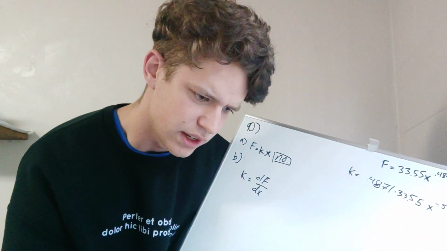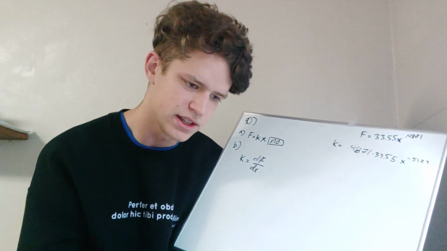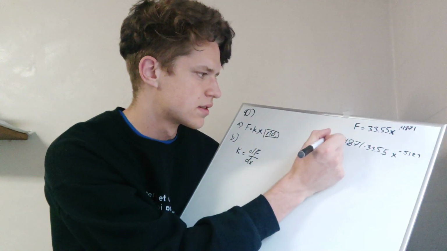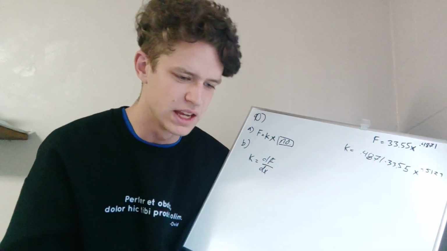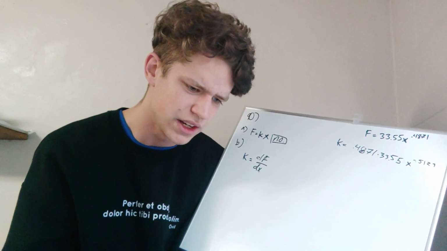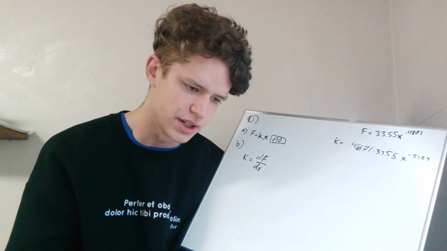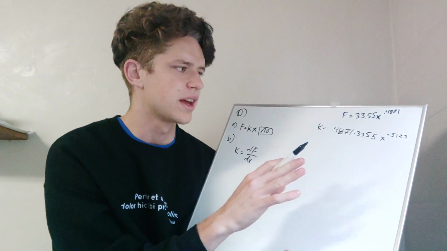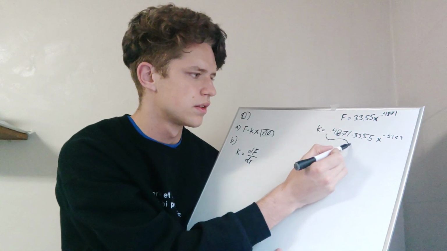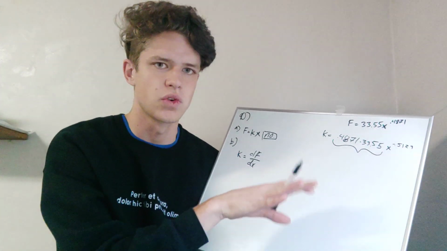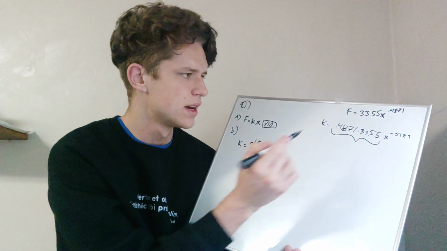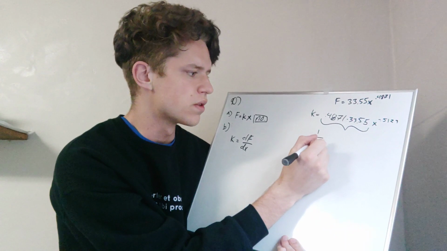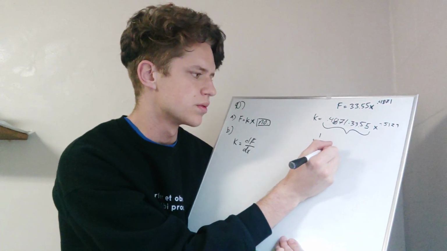I don't think it asks anything else. Oh no, it does. So then it asks, the stiffness of this band is measured by K effective. So this is K effective. It's K. Does it increase or decrease as X is increased within this data? An easy way to tell that: all of this stuff here is just a constant, so we can ignore it because that's going to stay the same no matter what X is. And then this part here you can rewrite because it's to the negative exponent. You can write it as 1 over X to the 0.5129.